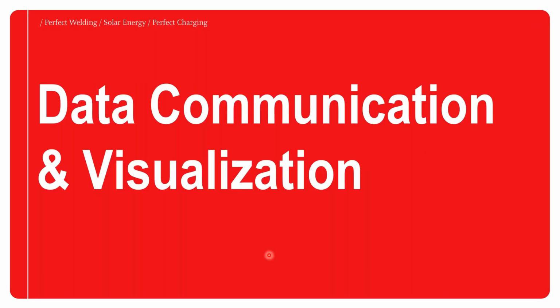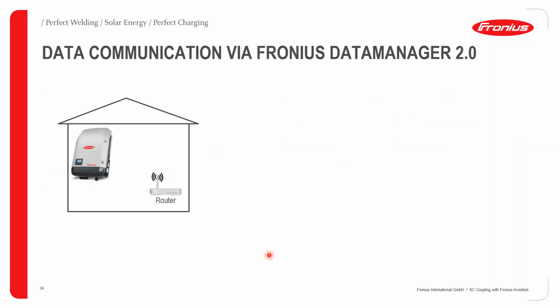Good. Going forward, we're going to take a brief look at data communication and visualization. These are very important so that, through the data communication, we can effectively monitor and visualize the system as it works or functions.